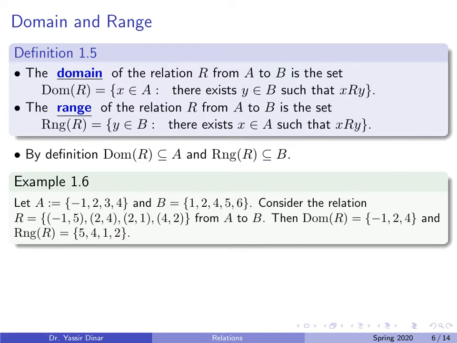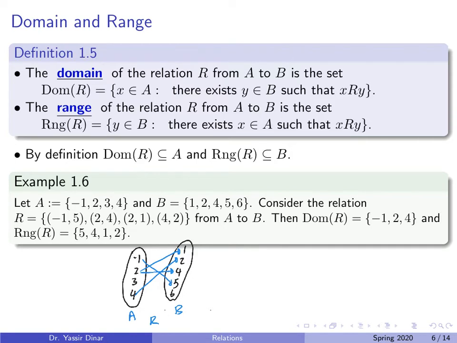This is an example where my sets are finite and the relation is finite, so I can list all the elements of the domain and the range easily from the definition. Note that since the relation is from a finite set to a finite set, we can represent it by using an arrow diagram.